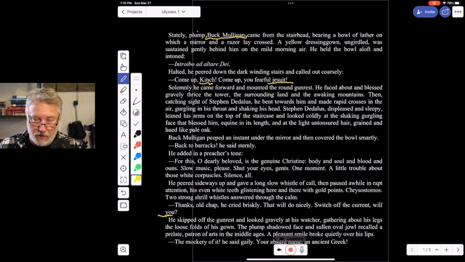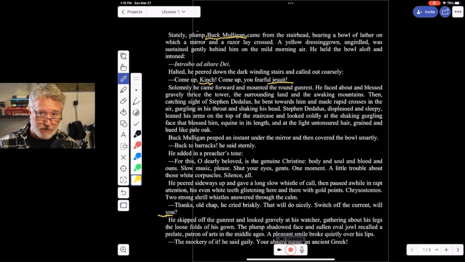Now, it does get a lot more complicated. Some of the chapters do. But you can get through it. If you can keep an eye on who's saying what, you should be fairly well suited to getting through Ulysses.